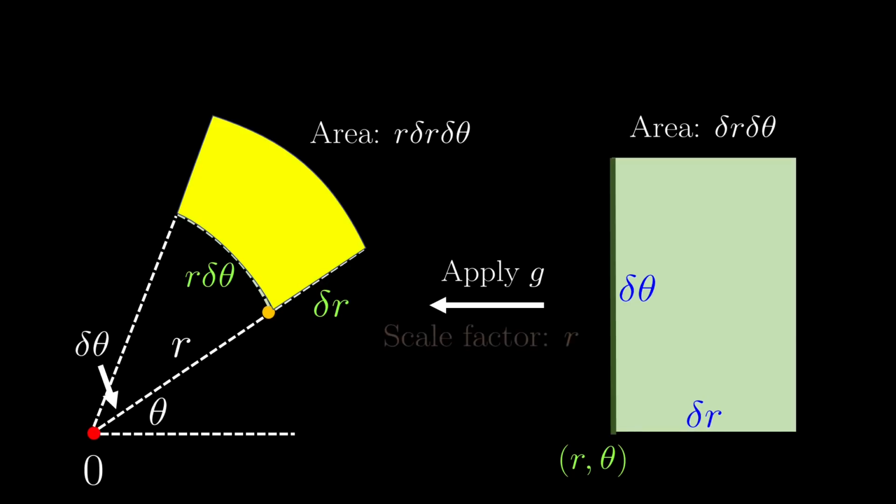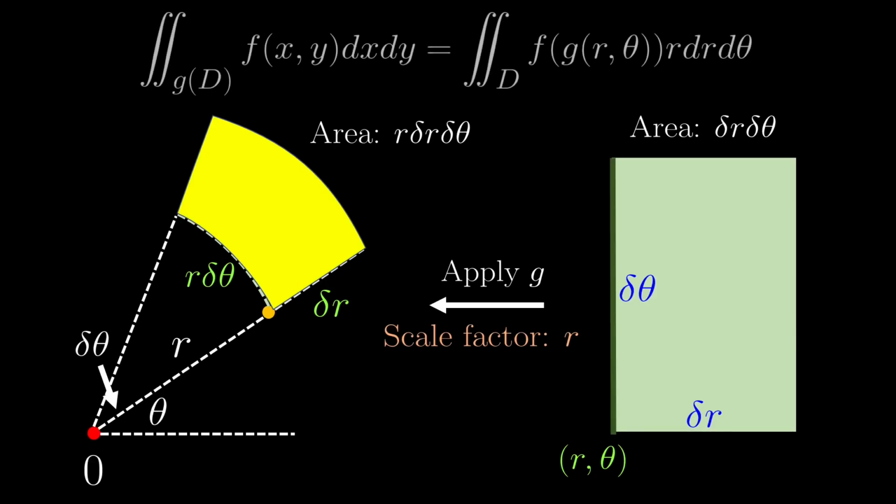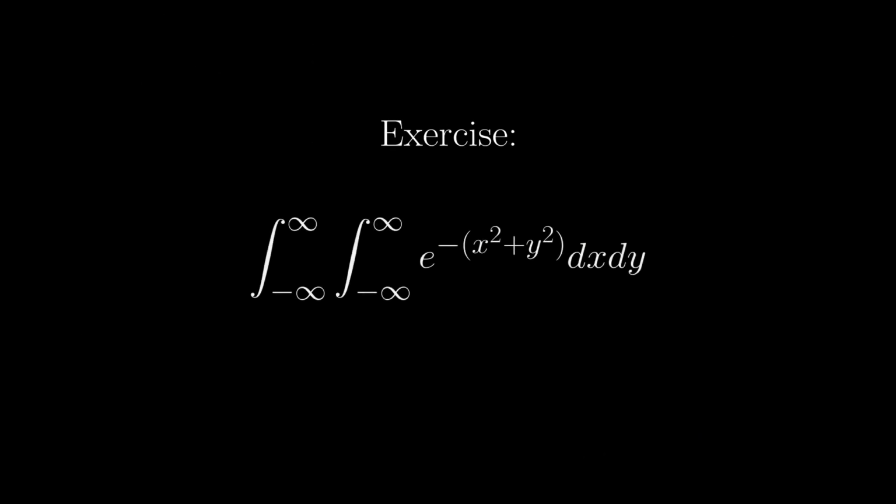This means that the scale factor for areas near the point (r, theta) is simply r, and so this is the Jacobian determinant. This means that the change of variables formula from Cartesian to polar looks something like this, r being the Jacobian determinant. One very standard exercise is to compute this integral and see what cool things come out of it.